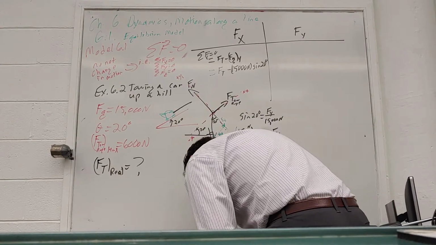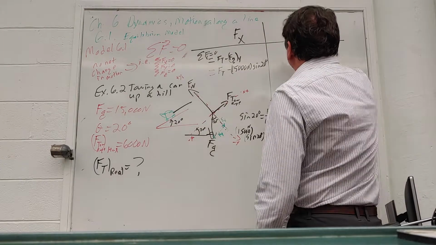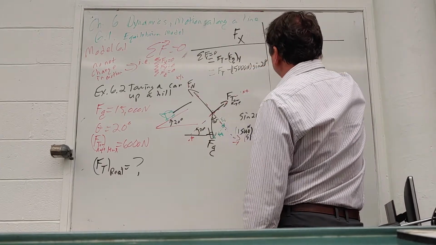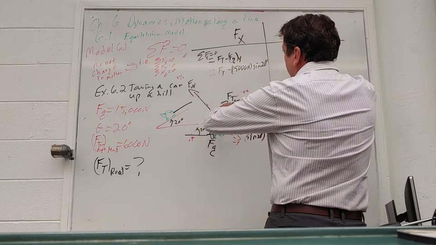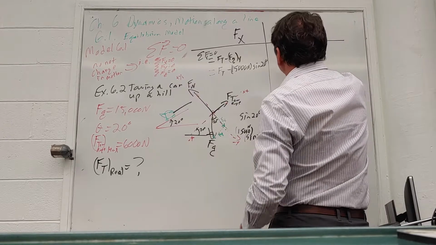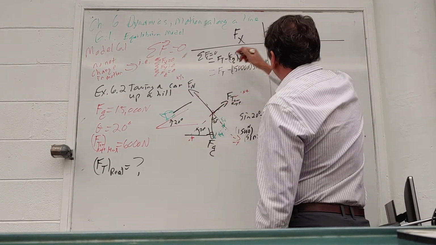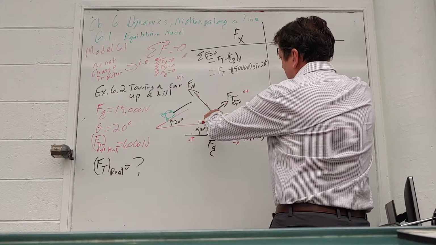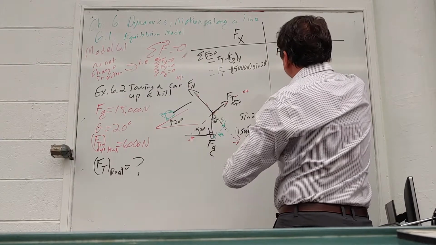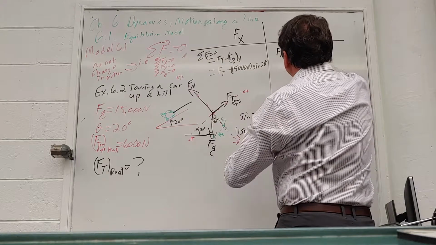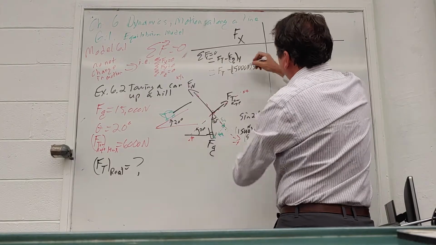Now, I can look at my Y components. And in Y, I've got the normal force, which we don't know what it is. Normal force, that's positive. It's going to be minus, the Y would be down this way. I put Y here.